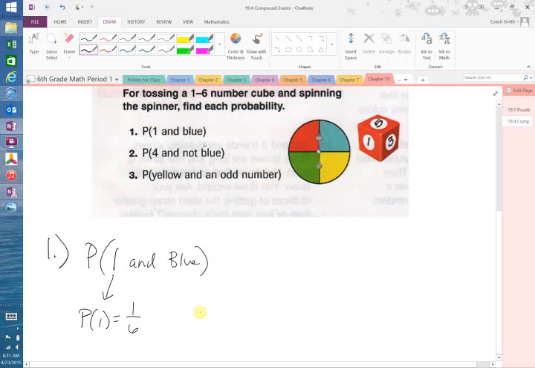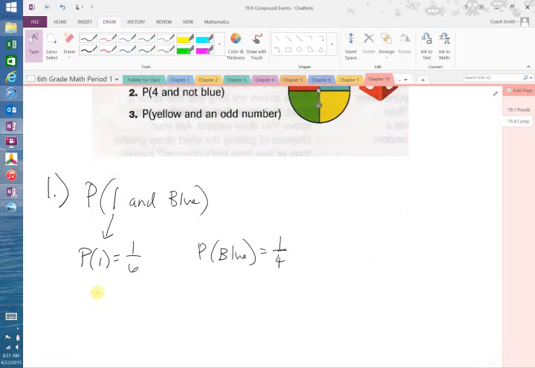Now we want to figure the probability of spinning a blue. What is the probability that I'm going to spin the spinner and land on blue? Michael? 1/4. Now, to know the joint probability of 1 and blue, we simply take 1/6 times 1/4.